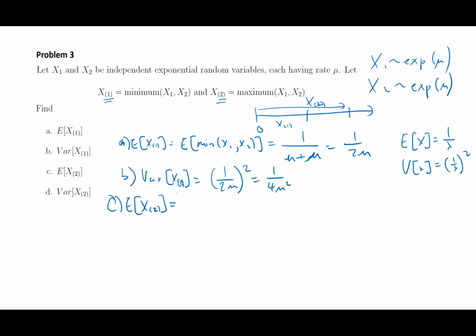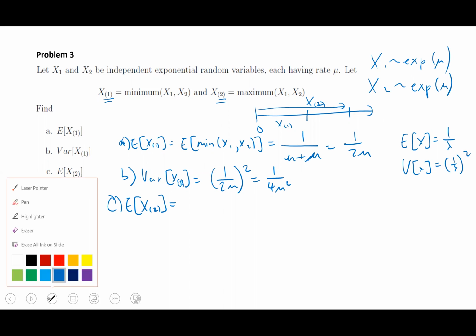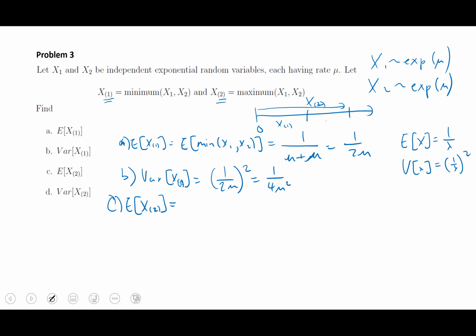First, I'm going to relabel this little stretch here as A. If I rewrite this, the maximum is simply X_(1) plus A. And this is where we can exploit the memoryless property.